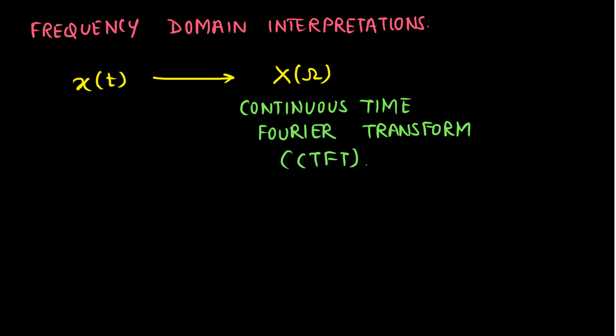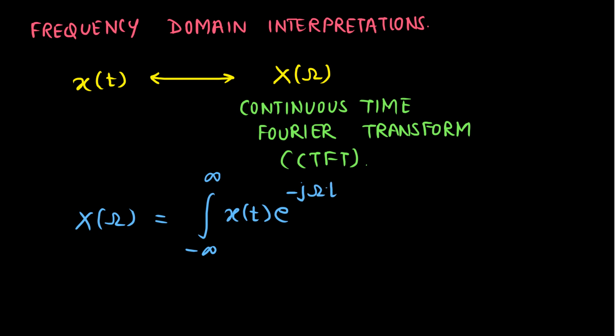So this x of t has the Fourier transform as x of omega, and this x of omega can be obtained using the formula x of omega is equal to integral from minus infinity to infinity x of t into e to the power minus j omega t dt. So this is the formula for the continuous time Fourier transform.